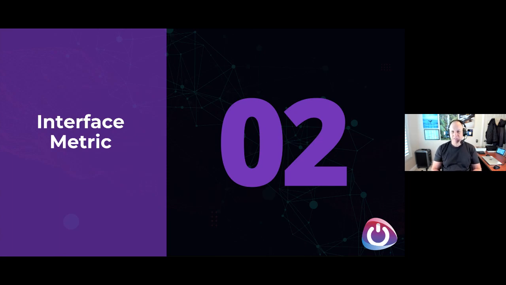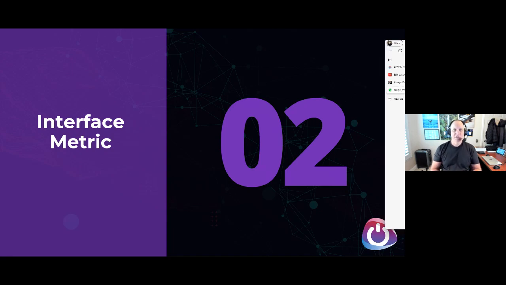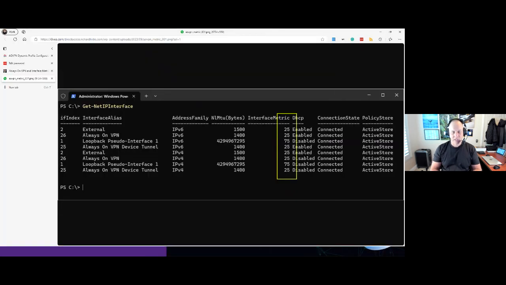The metrics are assigned automatically, based on their properties: the interface type, the interface speed, a variety of other factors. They're assigned a number, and the number with the lowest value is preferred. You can see that information on your machine by just typing Get-NetIPInterface, and you'll see the automatic values that are standardly applied, right?